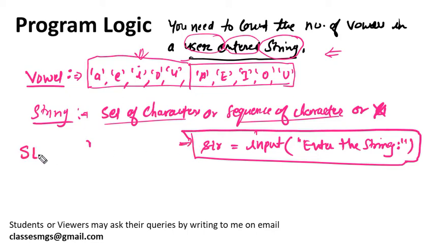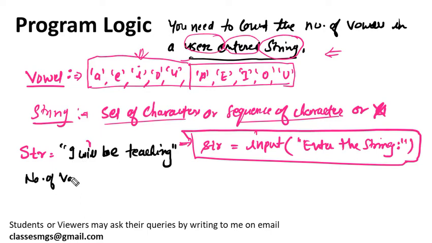Let's suppose the user has entered the string "I will be teaching", like this, and presses enter. Now what output do we want? We need to count the number of vowels. How many vowels are there in this string? I is a vowel, 1 plus.